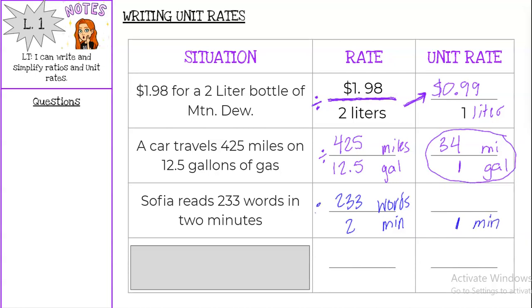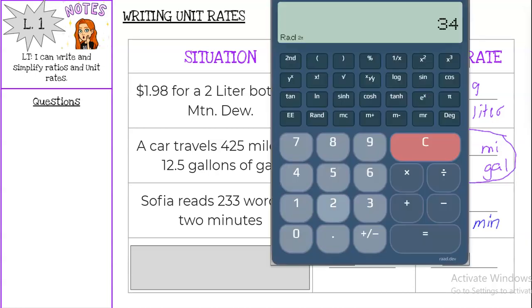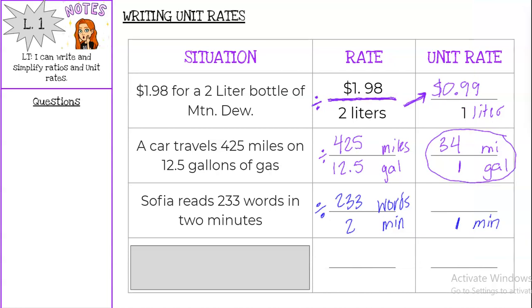So again, we divide our original rate, 233 divided by 2, and she can read 116.5 words. She'll get halfway through the last word, and that 60 seconds will have ended.